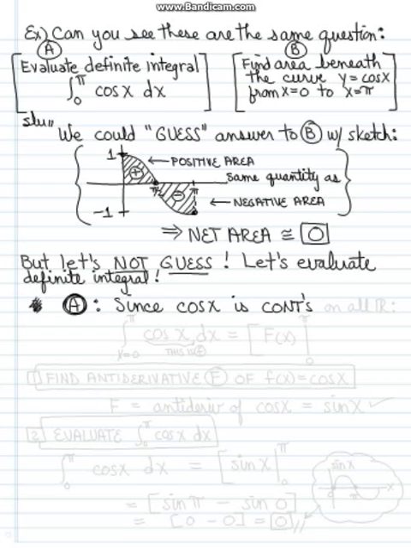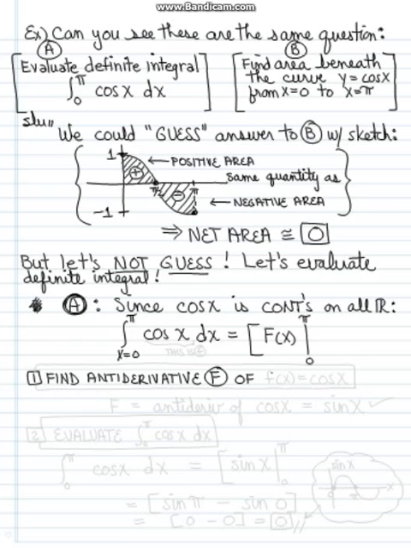Well, since cosine of x is continuous on all real numbers, then the integral from x equals 0 to pi of cosine x dx we know is going to be equal to capital F of x evaluated from 0 to pi. That's that new notation that we learned in our last note. Well, what does that mean? It means the fundamental theorem applies.